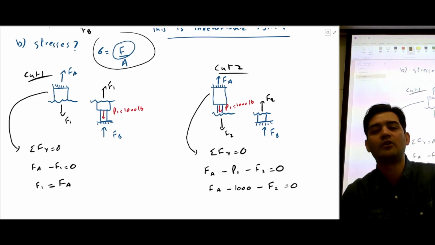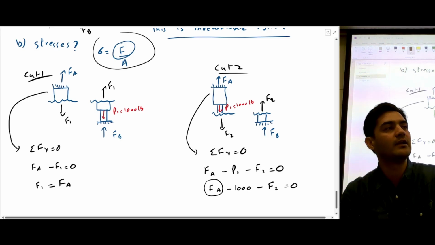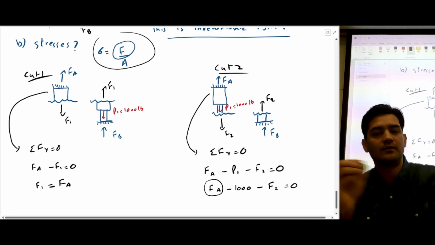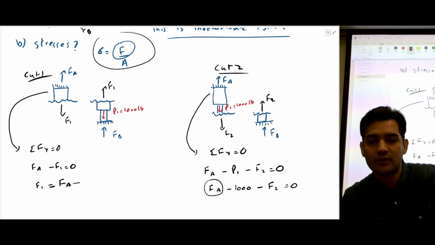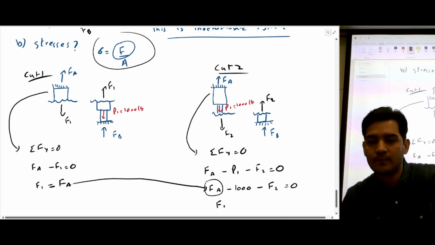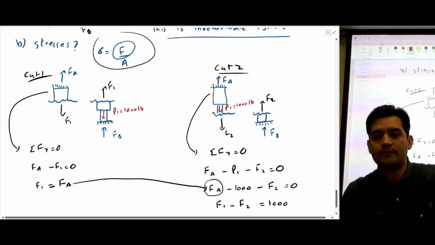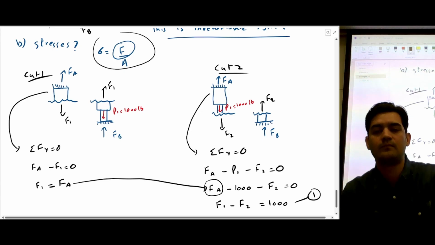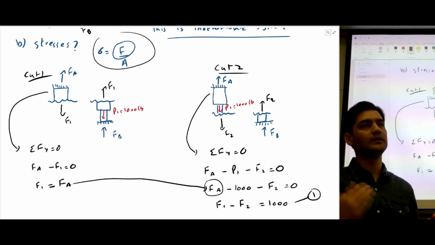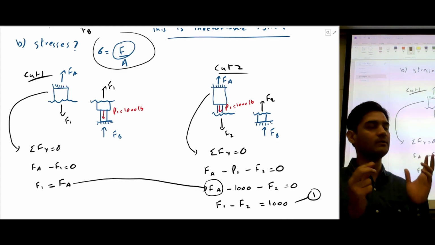We are not interested in FA, we are interested in F1 and F2. So we can formulate this equation so that we only have F1 and FA. So we can put this value here, and we're going to get F1 minus F2 is equal to 1000. So that's one equation. F1 minus F2 is equal to 1000. This is coming from the equilibrium equation.